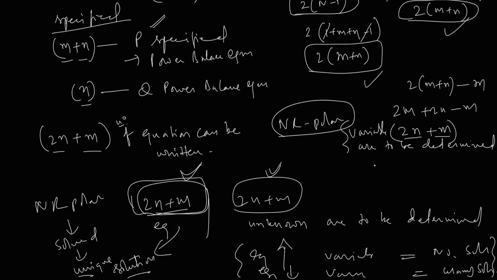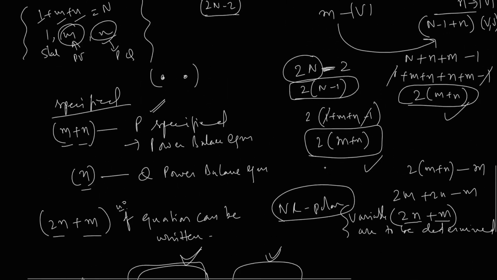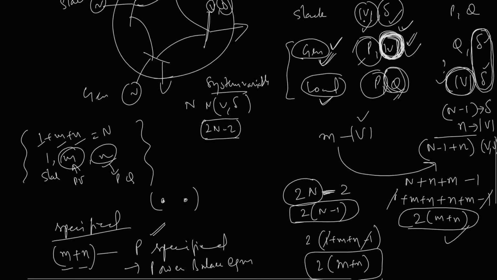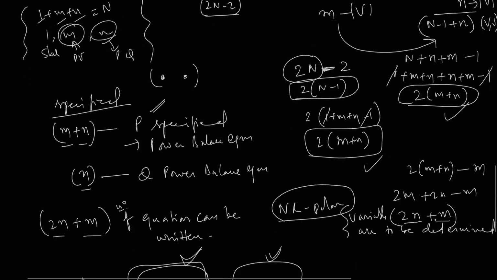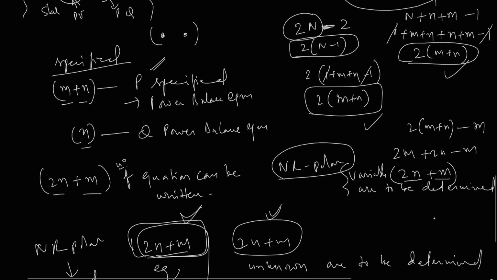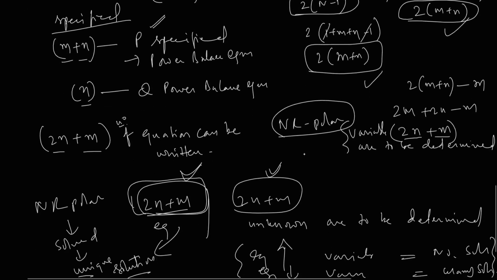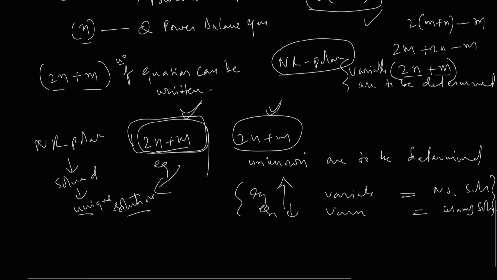So this is about the number of equations I can write from the specified variables. Of the system variables V and delta, out of the specified ones, the remaining are the unknown voltages and angles to be found, and they come out to be 2n plus m variables.